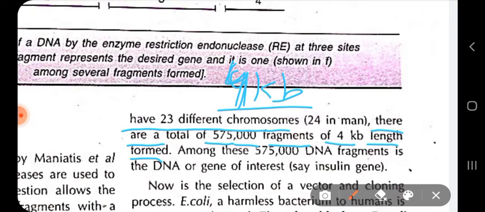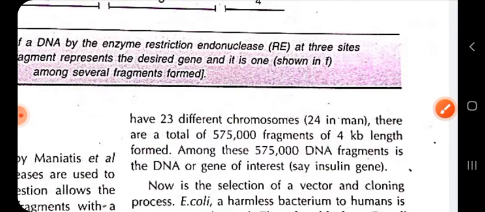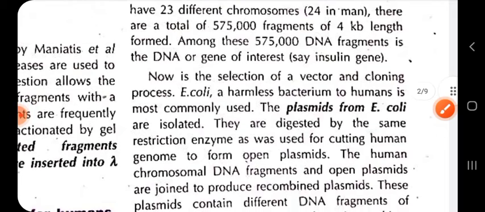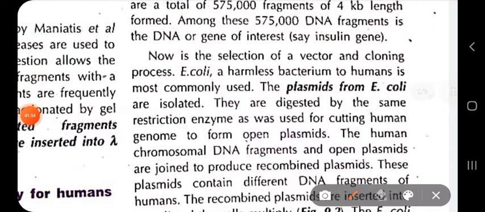Among these 575,000 DNA fragments, let's say our gene of interest is the insulin gene. That has to be isolated, cloned in a vector, and expressed later for commercial production of recombinant insulin.